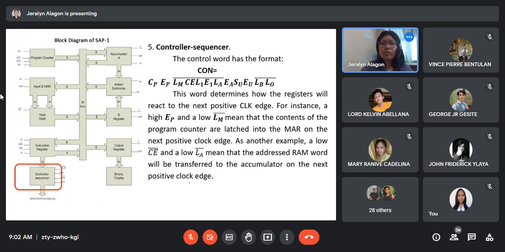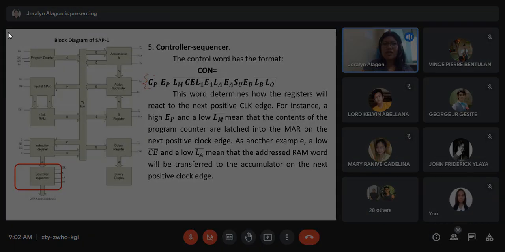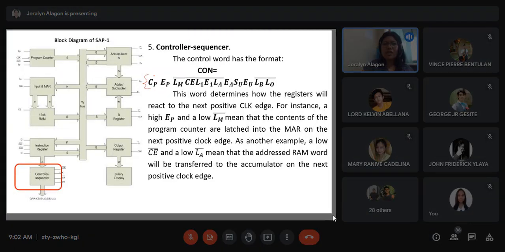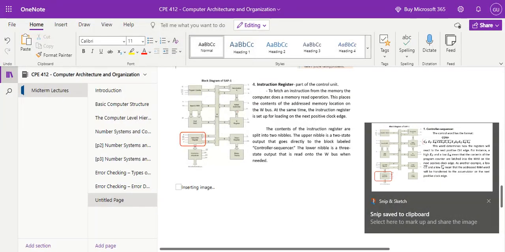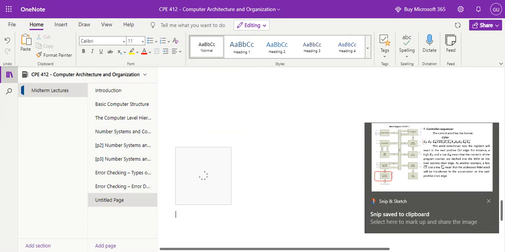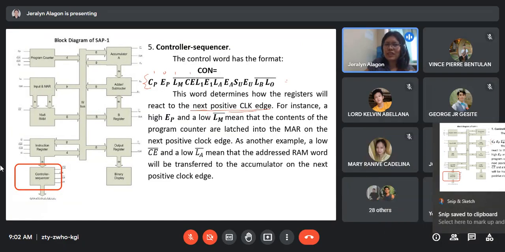O sige. So we have here the control word format class. So each of these like for instance kini 1 0 1 1 naay corresponding nga meaning. So we will take an example. Basta in every next positive clock edge mo na iyang i-respond simultaneously or synchronously.